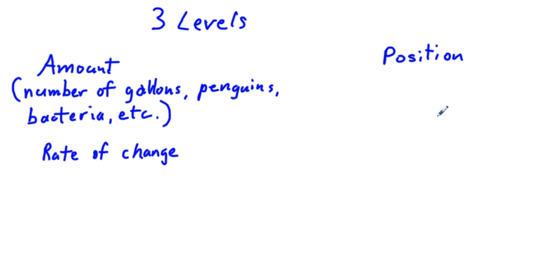Another possibility, an amount would be a position or distance, and the rate of change of position is velocity, which is the second level. So I'm going to call this the second level, first.